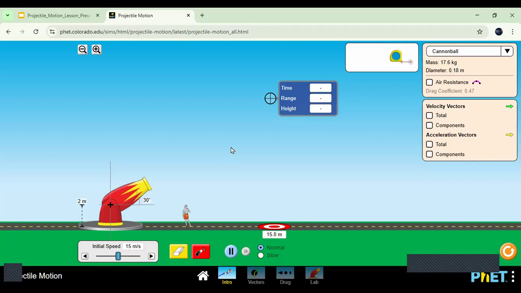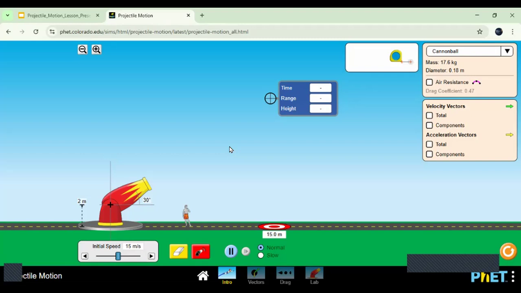Now, before I fire it, I want you to predict what will happen if I increase the angle to 45 degrees. Will it go further or shorter? Just use the chat.